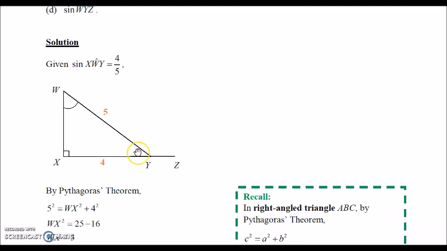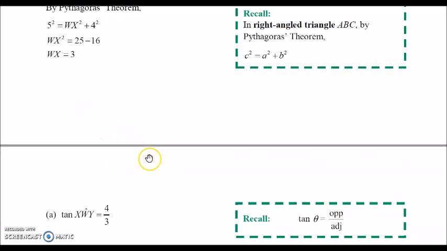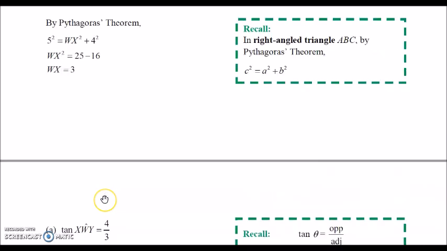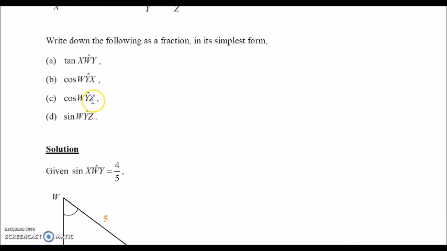So with respect to this angle over here, this will be my adjacent, and this will be my hypotenuse. So for part B, cosine angle WYX will be 4 divided by 5. Always check that your fraction is in its reduced form.